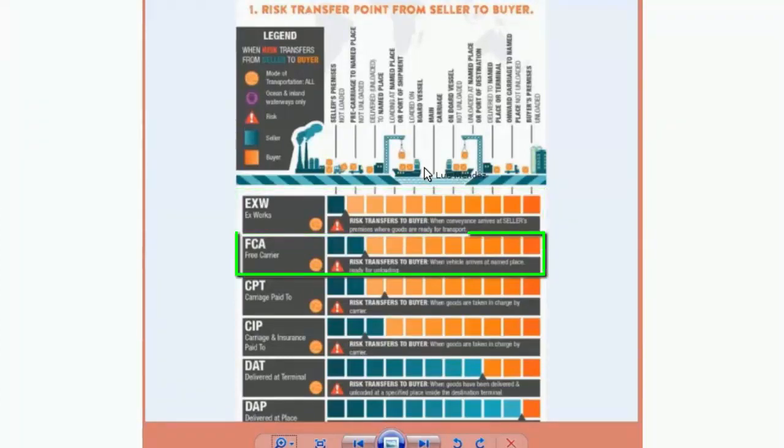Then we have the FCA. It is free carrier. So for this, the risk transfer to the buyer or to the importer happens when the vehicle arrives at the named place ready for unloading.